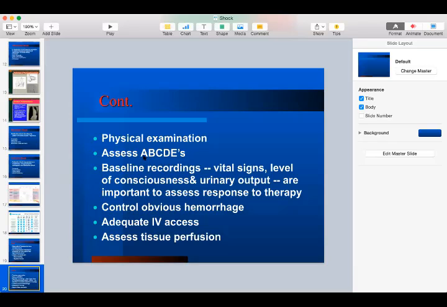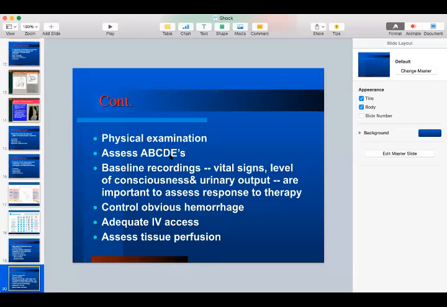We mean A for airway, B for breathing, C for circulation, D for deformities, and E for exposure of the patient. And what they're stating is a C before the ABCDEs, which means control of hemorrhage comes before everything else.